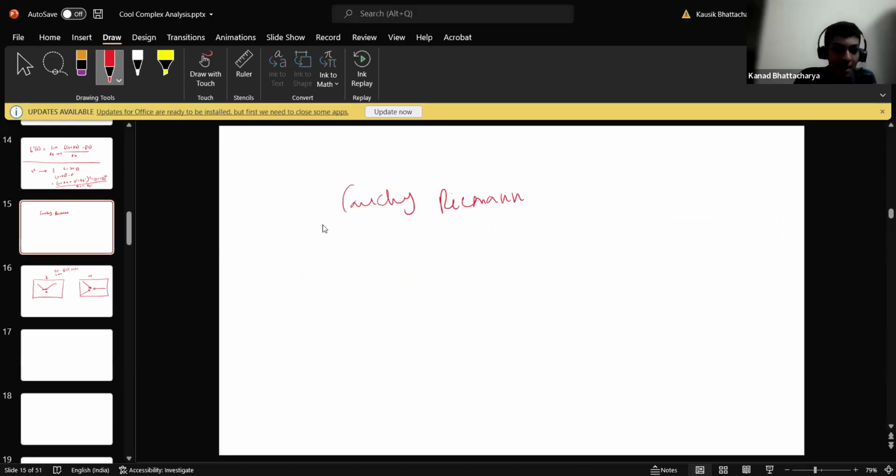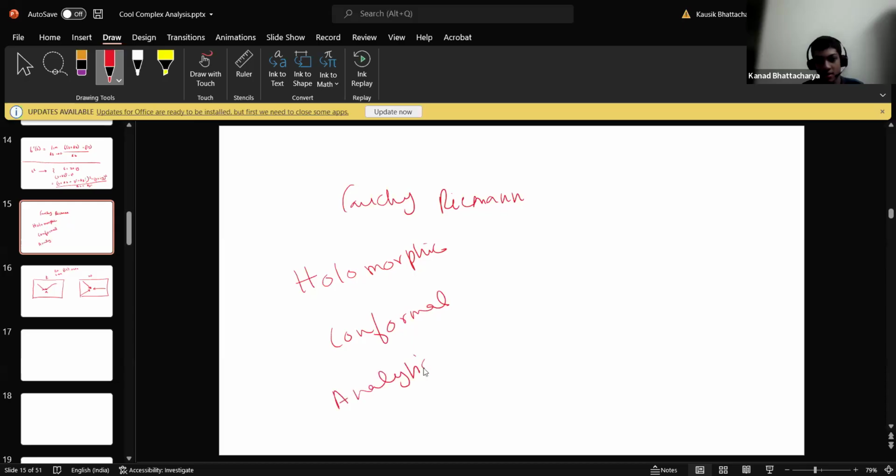Okay, so now we'll get into the heart of what it means for a function to be differentiable in the complex sense. First things first, if somebody is trying to impress you, all these terms: holomorphic, conformal, analytic, all of them mean complex differentiable.